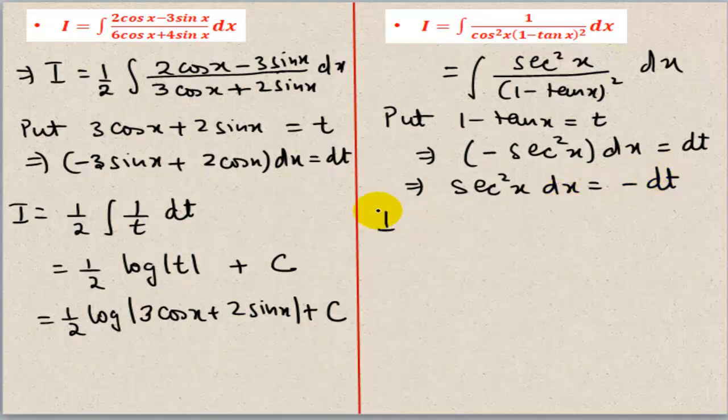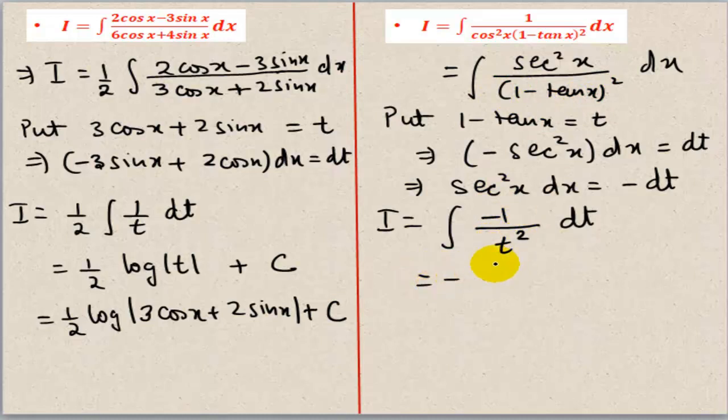Now see the integral. In place of sec square x dx, we can write minus dt, and 1 minus tan x can be replaced by t. As it is 1 minus tan x whole square, the denominator reduces to t square. We can even write it as integral of t with an exponent minus 2. Now using the formula for integral of x to the power n, it can be integrated.